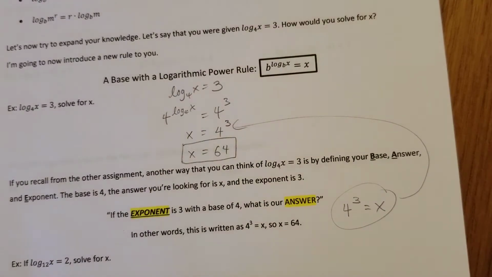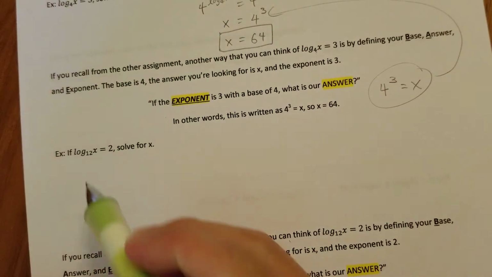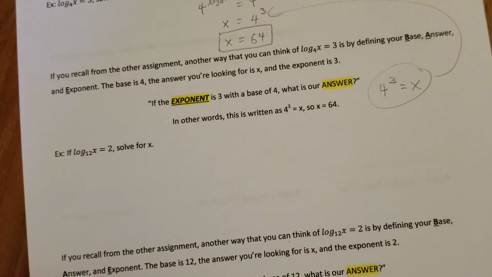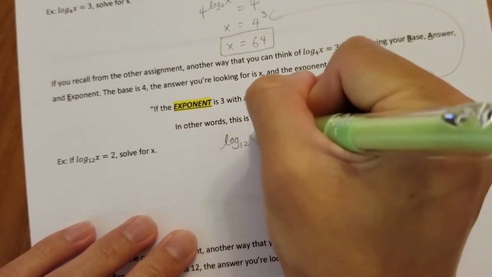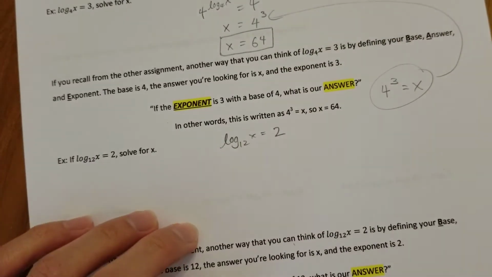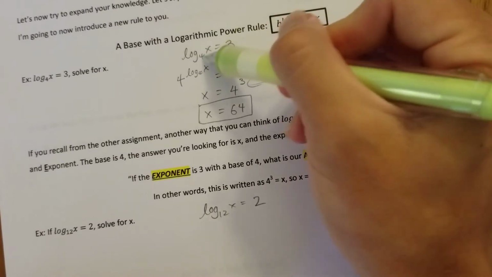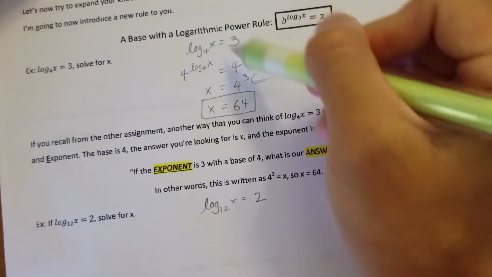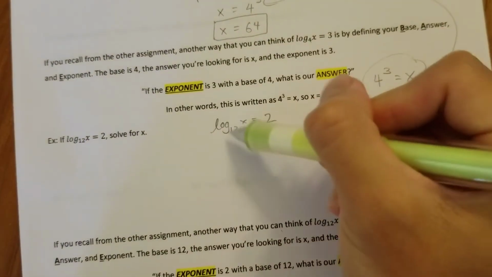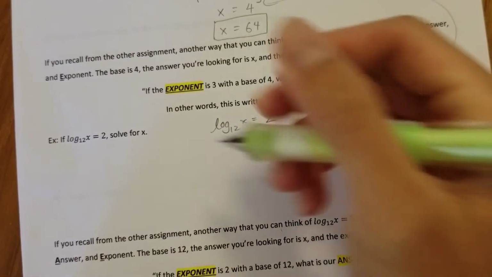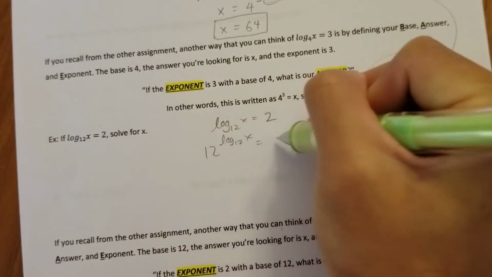All right, we have the same problem. Now this one: log base 12 of x equals 2. You want to solve for x. I'm going to rewrite log base 12 of x equals 2. Just like the previous example, where we had a 4 and rewrote the expression with a base of 4 on both sides, here we have a base of 12, so we rewrite this expression with a base of 12 on both sides.